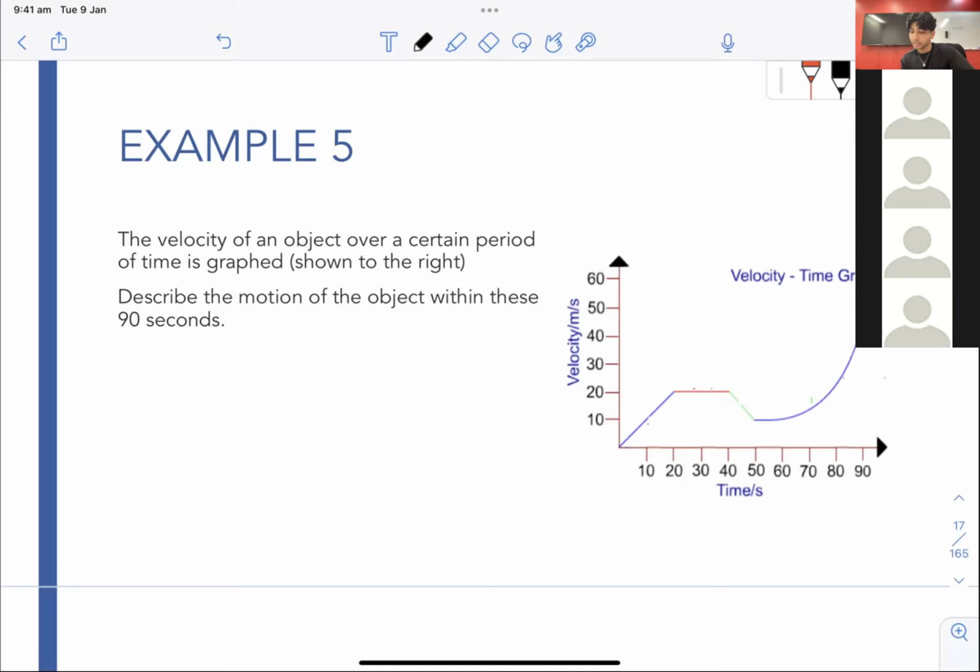Now after this section, we have a decrease, but this is a uniform decrease as well, okay? So from 40 to 50 seconds, we can see the graph decreasing in a linear fashion, which is a uniform deceleration. Because we're moving in the negative direction, guys, our velocity is decreasing, which is a deceleration.